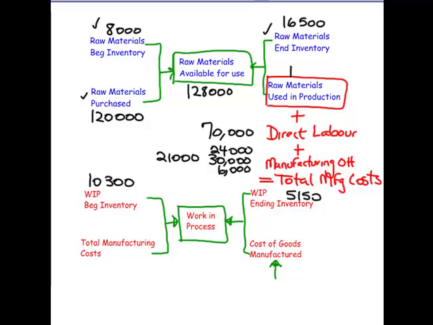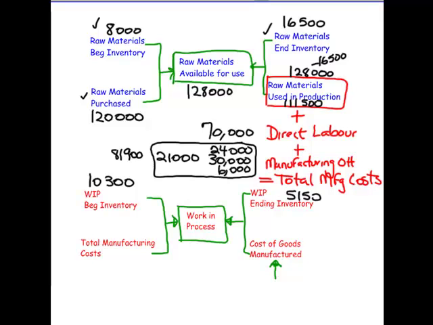So I'm going to take the 128 and subtract off the 16,500, and I would end up with $111,500. Now we know what direct labor is. Manufacturing overhead, there's 4 of them, and they total $81,900.